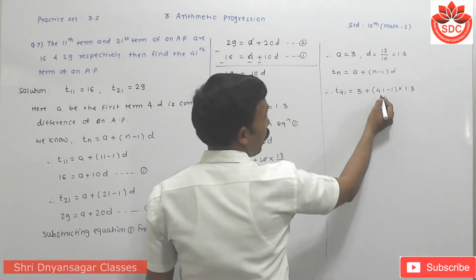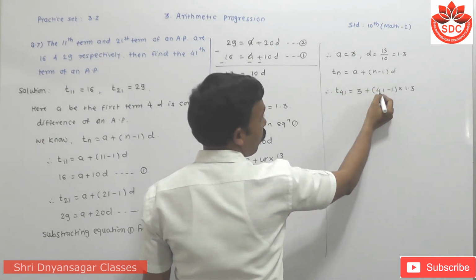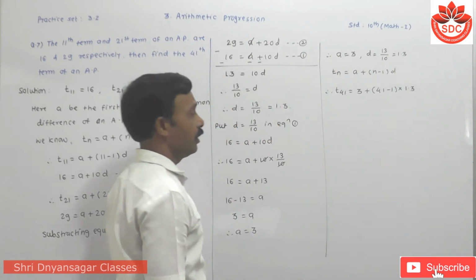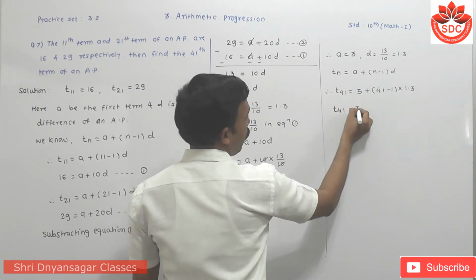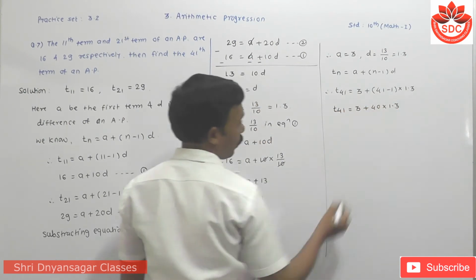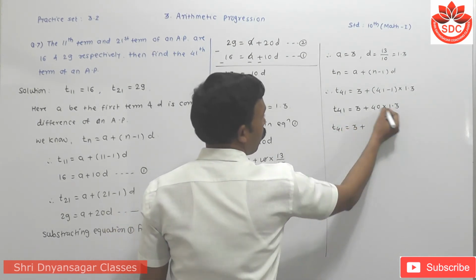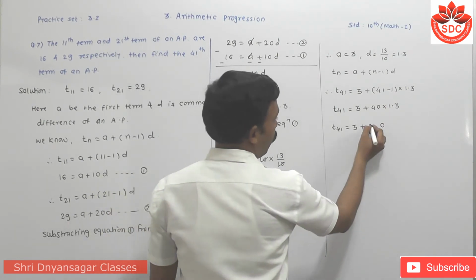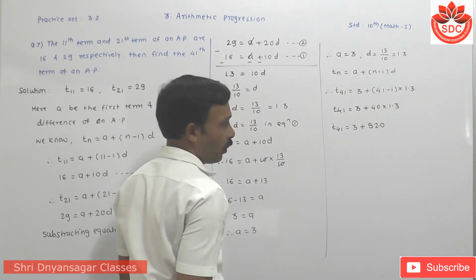Sorry, here I repeat again. a is 3 plus n is 41 minus 1 into d is 13 upon 10 or 1.3. Then when we subtract it, we get 3 plus 40 into 1.3. Then t41 is equal to 3 plus, find out the product, 13 4s are 52, after one digit there is a decimal point.